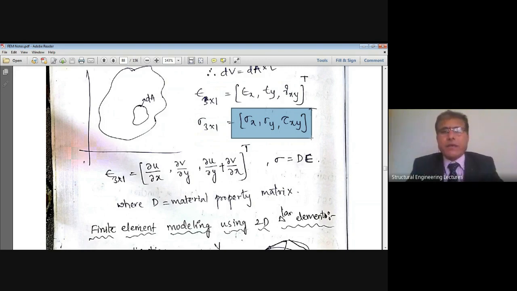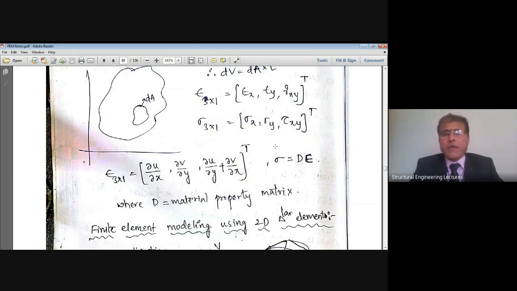Right? Then we already discussed the relations between the strain and the displacements in the previous videos or discussions. Now I'll recall that the strain epsilon is given by dou u by dou x, dou v by dou y, dou u by dou y plus dou v by dou x, transpose. That is a 3 by 1 vector.